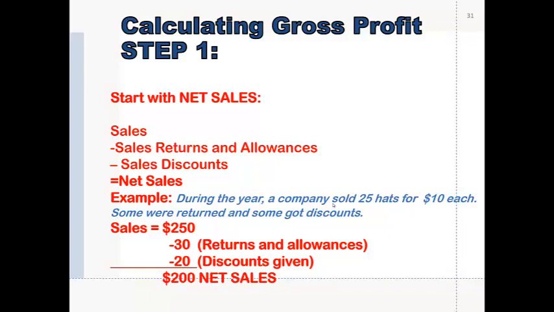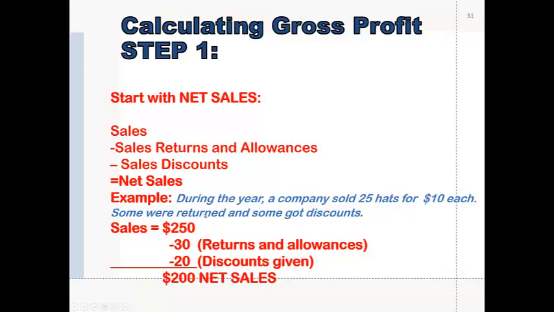So in getting the whole gross profit, we start with calculating net sales. So we know from Chapter 10 that sales less returns, less discounts gives us net sales. So here's the example. During the year, a company sold 25 hats for $10 each. So our sales were $250. That's 25 times $10.